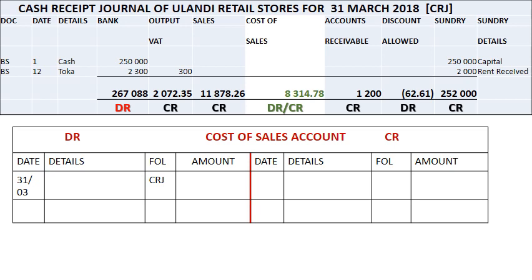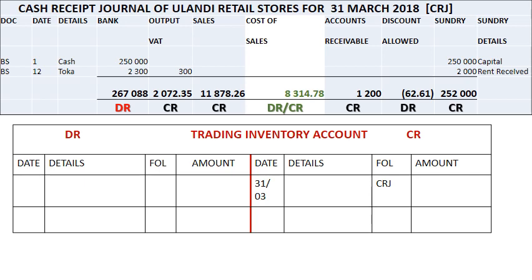For the cost of sales column, we open the cost of sales account in the general ledger. On the debit side, under the date 31st of March, details, trading inventory, because remember that cost of sales is not an amount in the bank. It's an amount that we calculated so that we can reduce inventory. Under folio, CRJ, total amount as calculated in the CRJ.